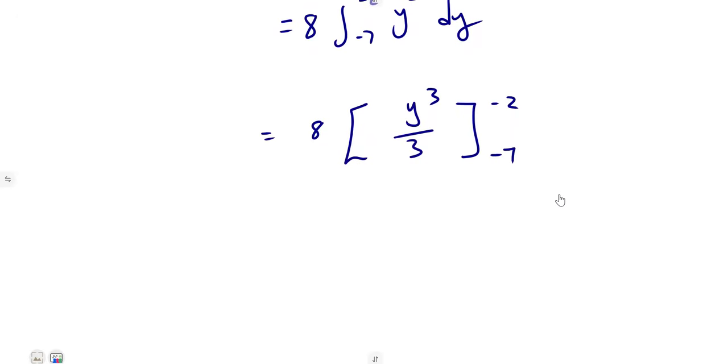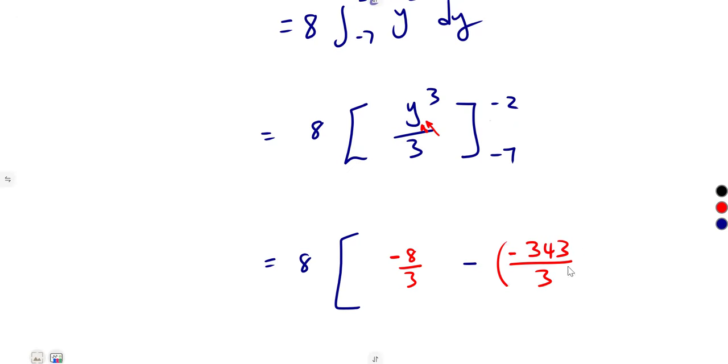You substitute your upper limit and your lower limit. Upper limit in place of y there gives us -8 over 3, minus our lower limit. If we substitute -7, that gives us -343 over 3.